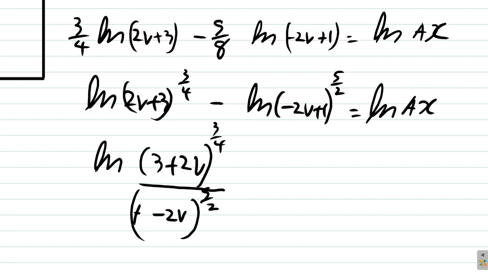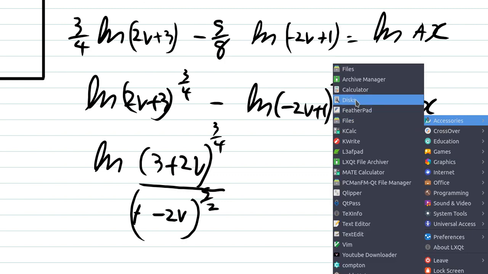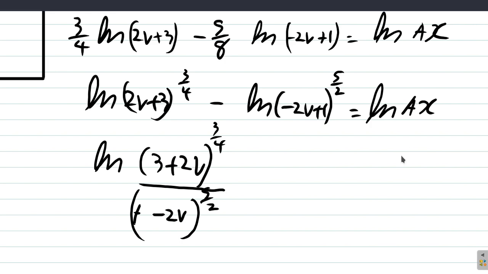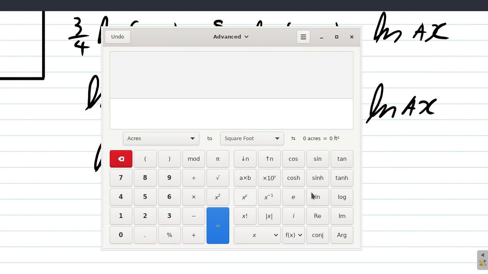Remember now, this is similar to doing something like this. Say ln 7 minus ln 4 gives you that.